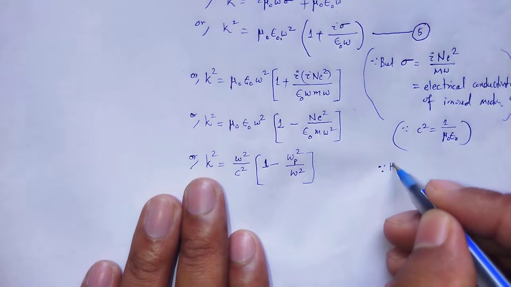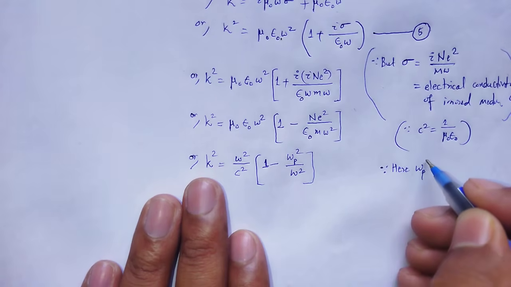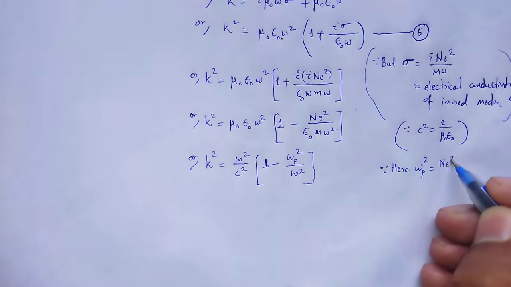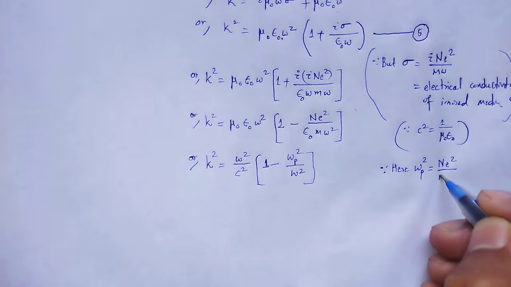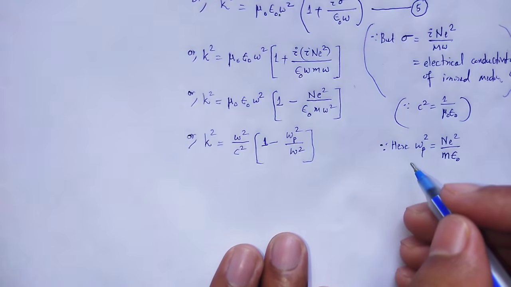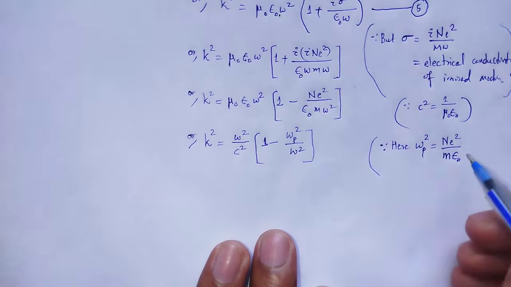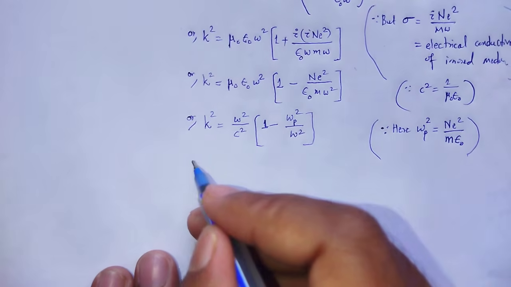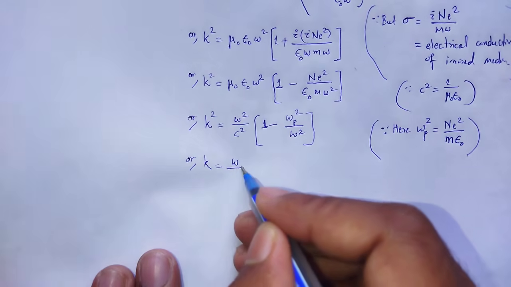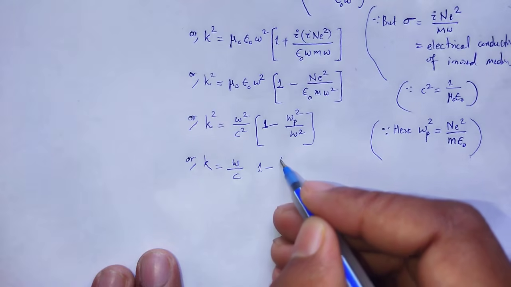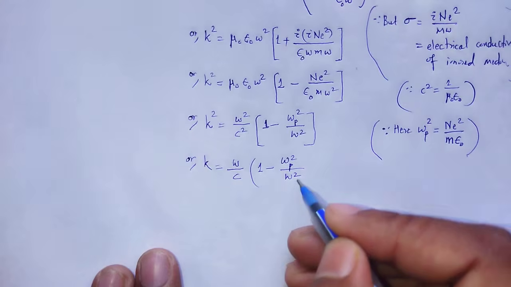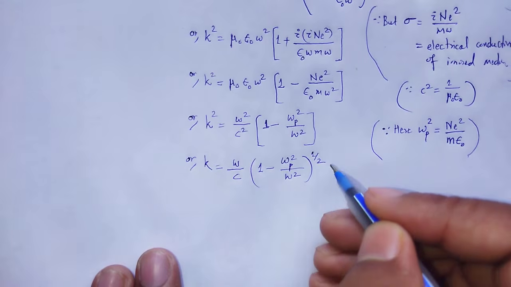Here omega p square is equal to n e square divided by m epsilon naught. Therefore, k is equal to under root of that term, that is omega by c into 1 minus omega p square divided by omega square whole to the power half.